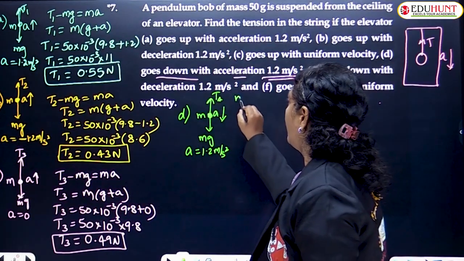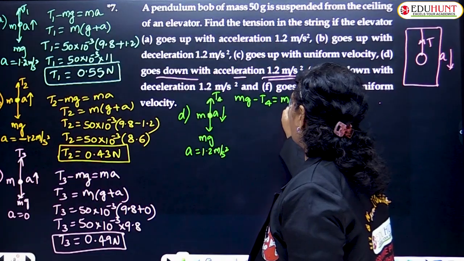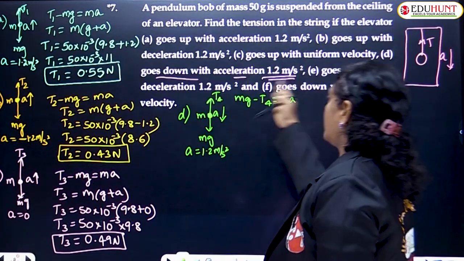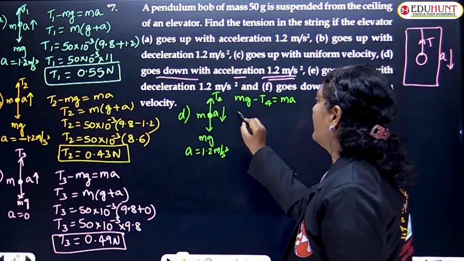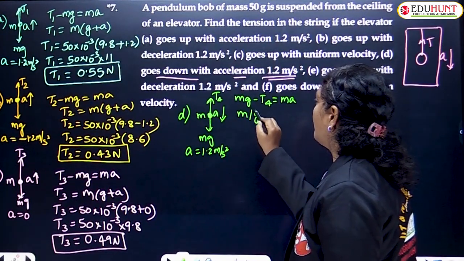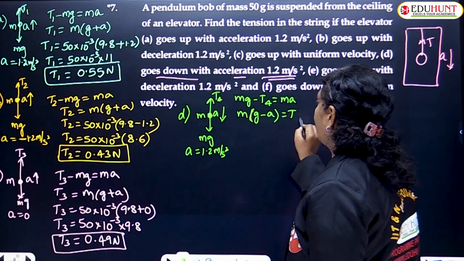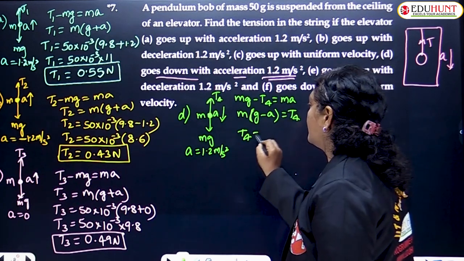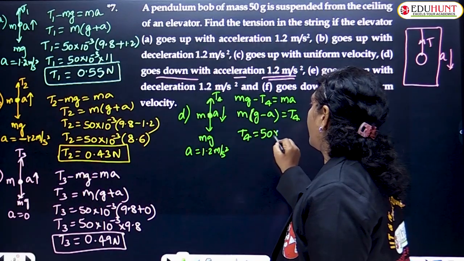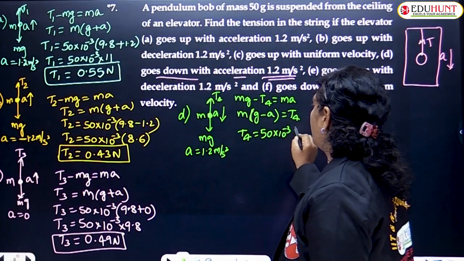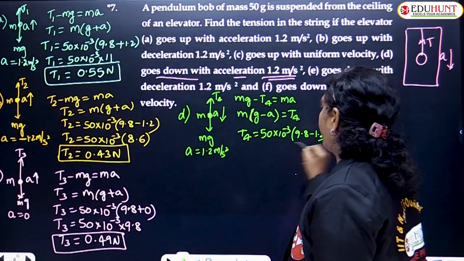So we have mg minus T4 must be equal to ma. Bringing the minus T4 to the other side and carrying the ma, you will get m into (g minus a) as the value of T4. So T4 is equal to m, which is 50 into 10 power minus 3, into g, which is 9.8, minus 1.2.